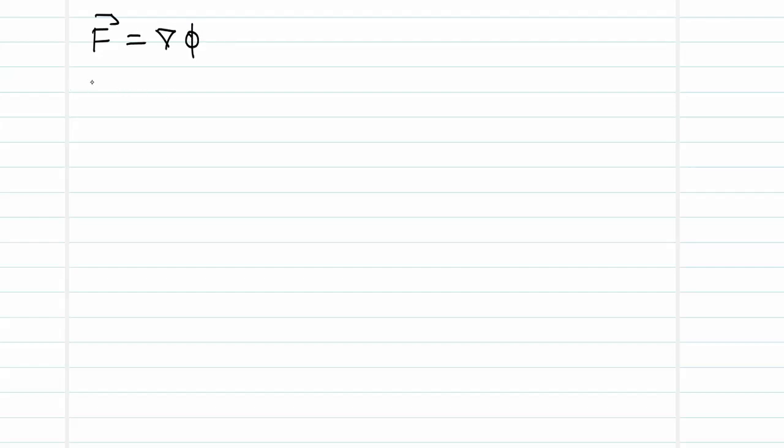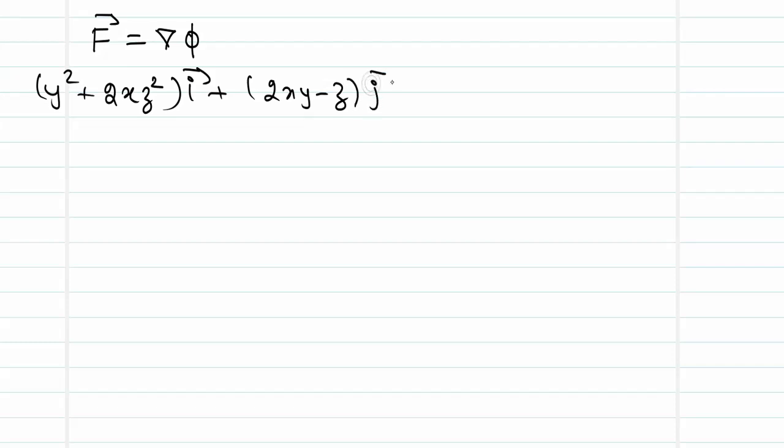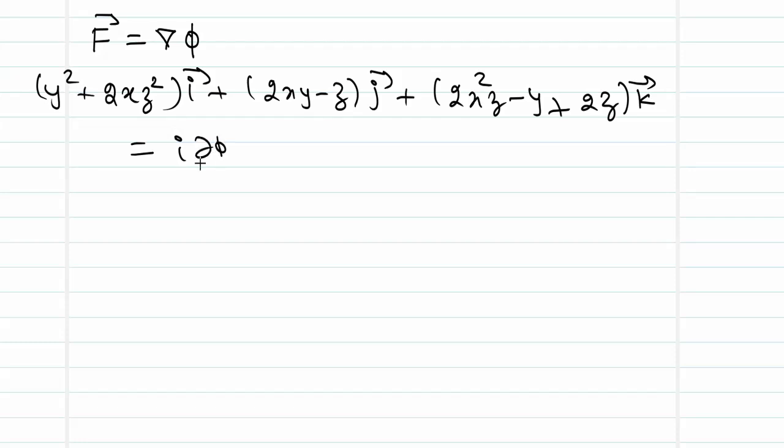Now this f vector for me is given as y square plus 2xz square times i plus 2xy minus z times j plus 2x square z minus y plus 2z times k. And what is this del phi? Del phi is nothing but i dou phi by dou x plus j dou phi by dou y plus k dou phi by dou z.